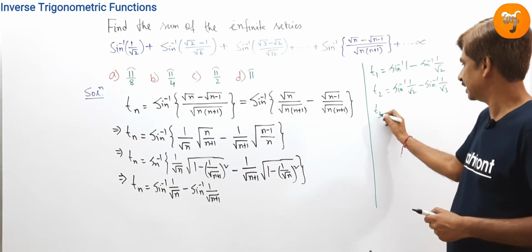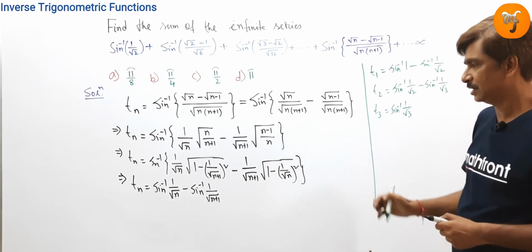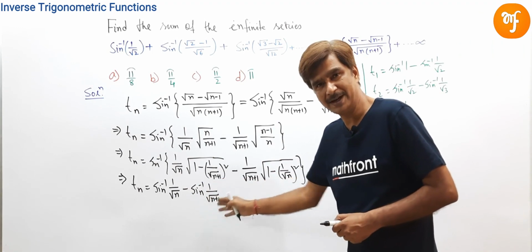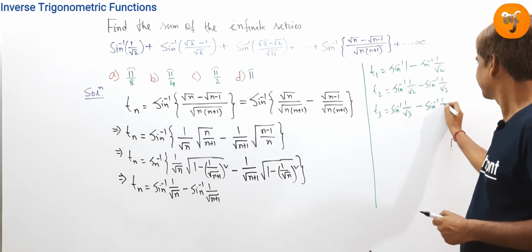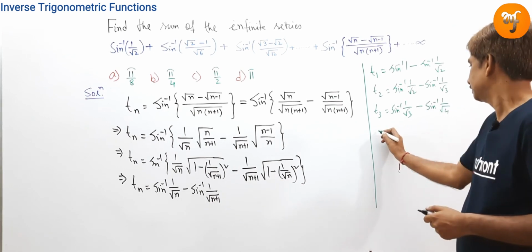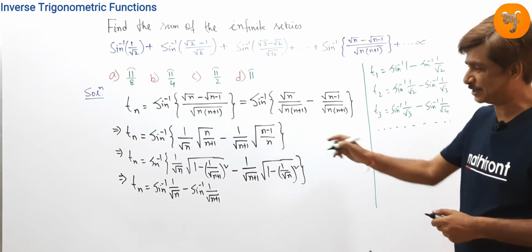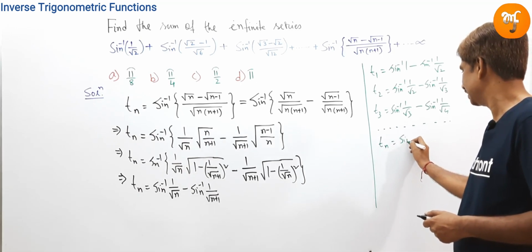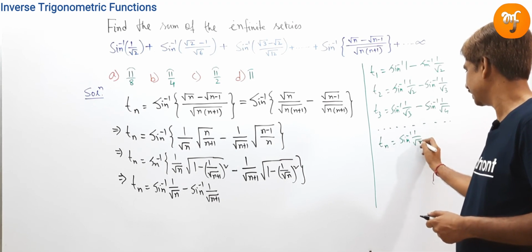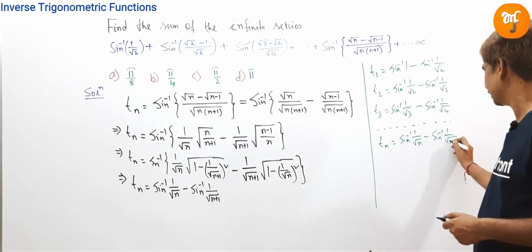Similarly, T3 will be sine inverse of 1 by root 3 minus sine inverse of 1 by root 4. So, in this way, we can put n equal to n. So, Tn will be sine inverse of 1 by root n minus sine inverse of 1 by root over n plus 1.